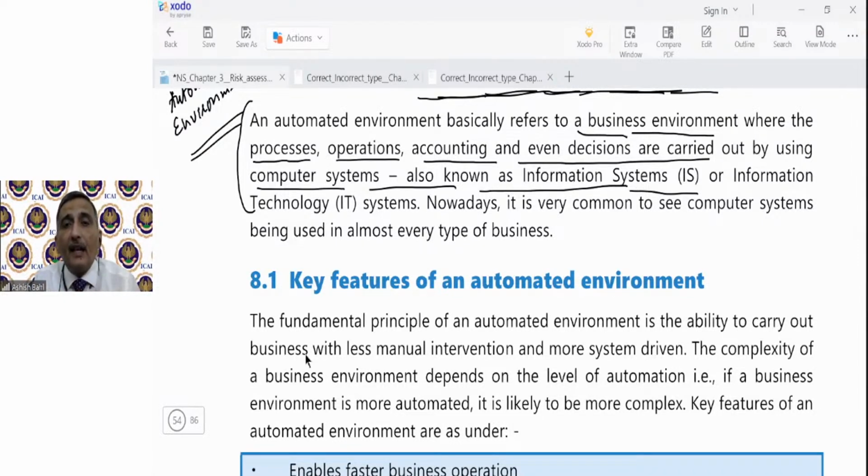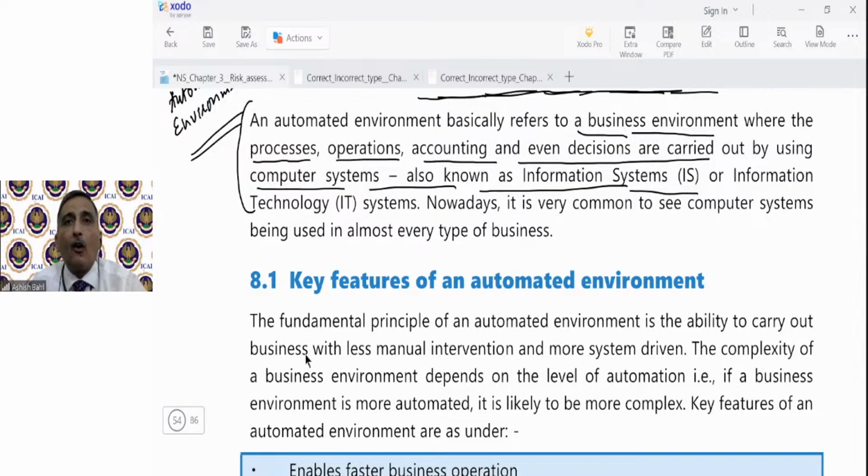If the degree of automation in a business is such that it is automated to a great extent, then it would be more complex to audit. It would not be easy to audit, rather it would be more complex from the point of view of an auditor.